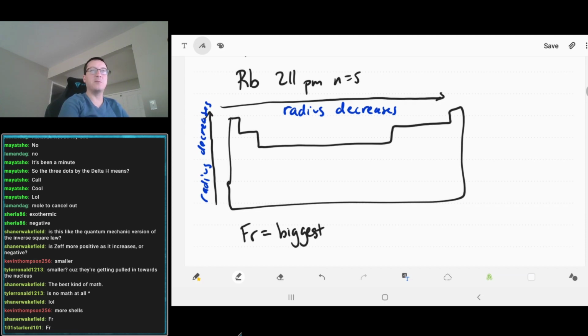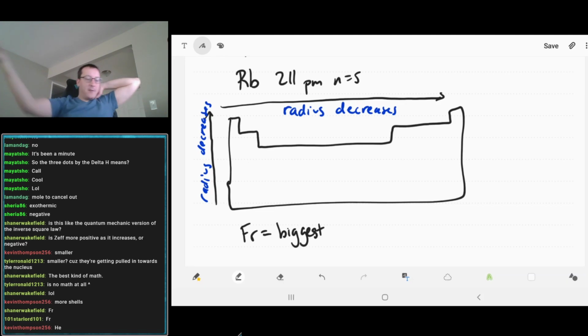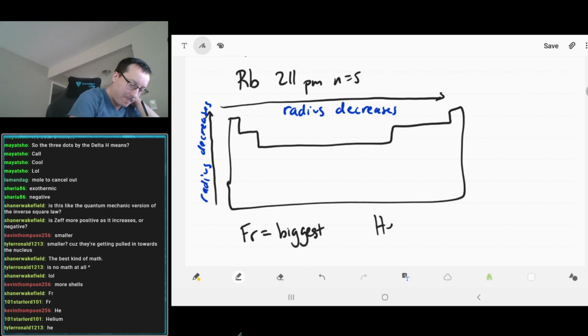And so what's the smallest atom going to be? Yep, helium. For sure. Awesome. Very, very exciting.